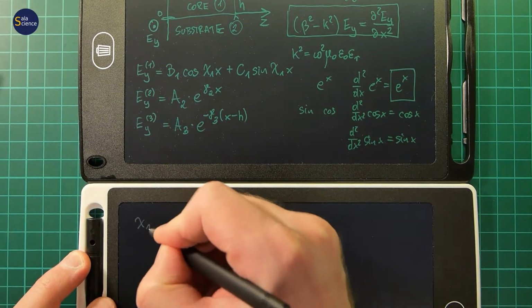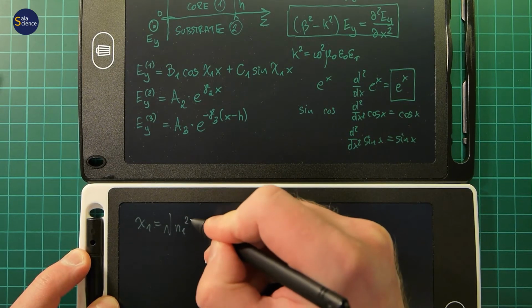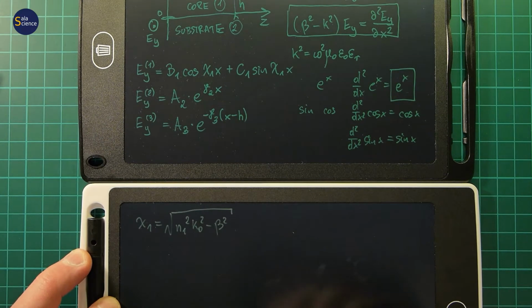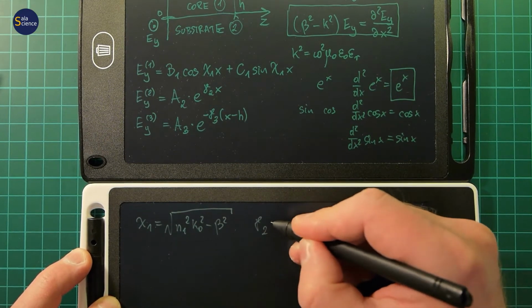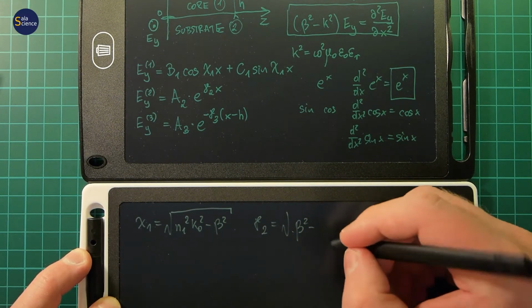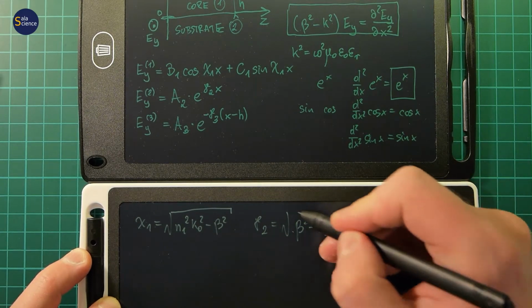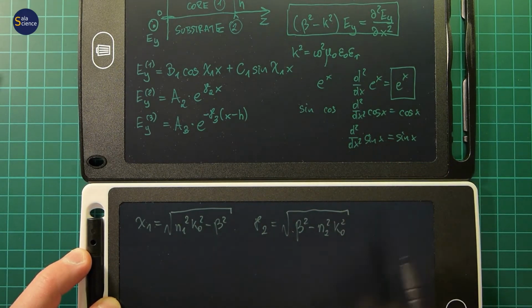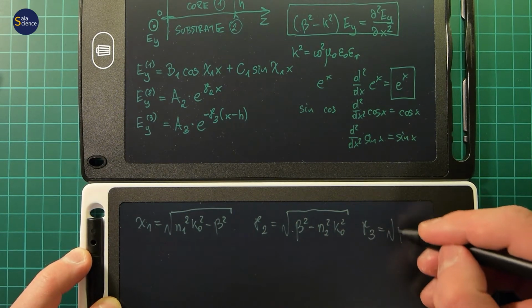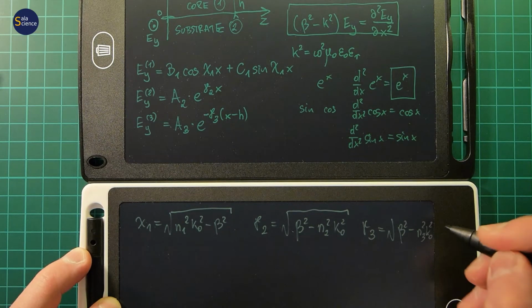This chi1 equals square root of n1 squared k naught squared minus beta squared, and gamma 2 equals square root of, this time, beta squared minus n2 squared k naught squared, and gamma 3 similarly is square root of beta squared minus, this time, n3 squared k naught squared.